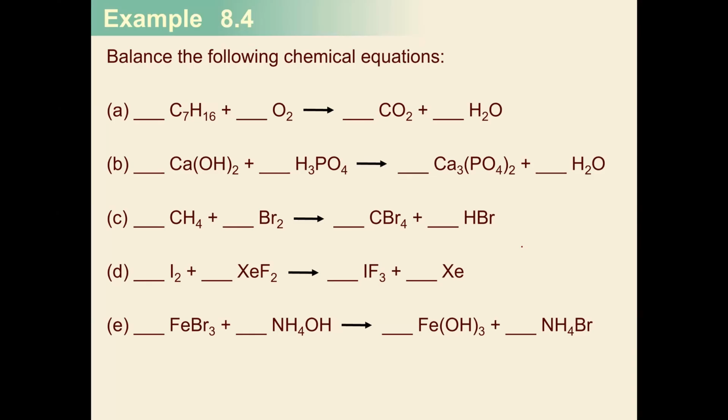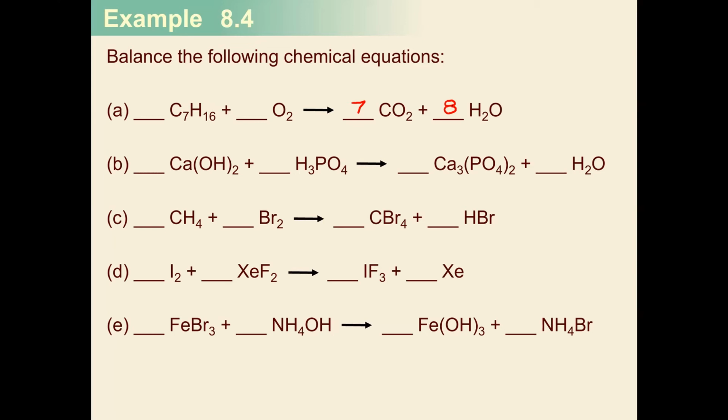Let's go ahead and try some examples to get you proficient in balancing chemical equations. Let's start with our top reaction. We have C7 on the left. That means that I would need to put a 7 here for my carbon dioxide. Notice that I have 16 hydrogens, and on the right I only have 2. So what I can do is go in and put an 8, and that will now give me a total of 16.